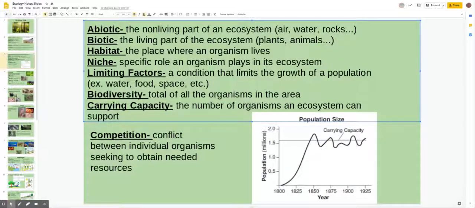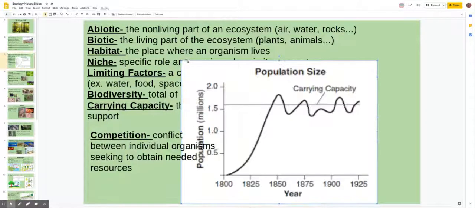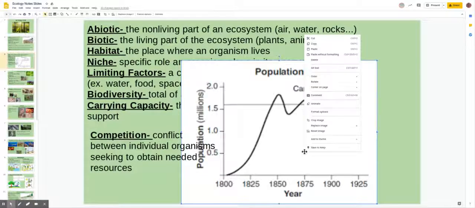The carrying capacity of an area is represented by the number of organisms that can survive in an area. How many individuals can the land or area support? This is often graphed, and we see a graph like this because it outlines one of the fundamental factors behind this, which is there's going to be some competition for resources.